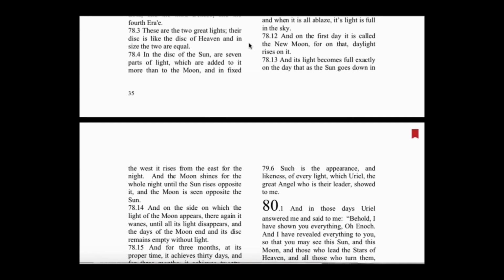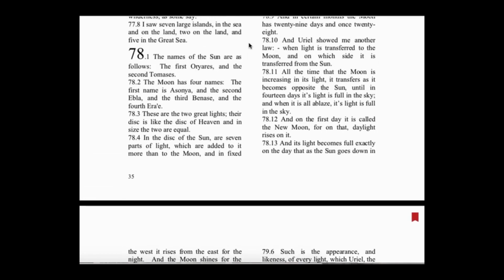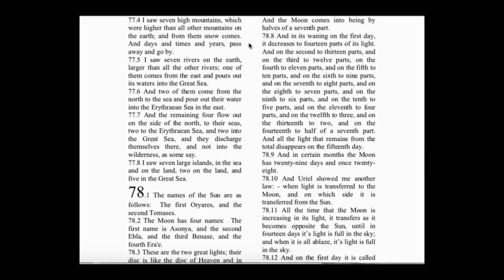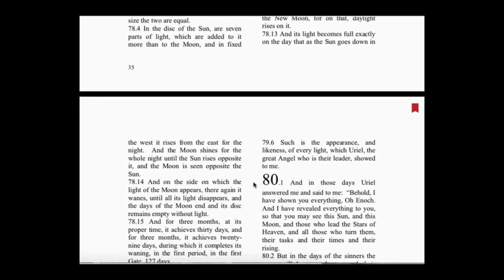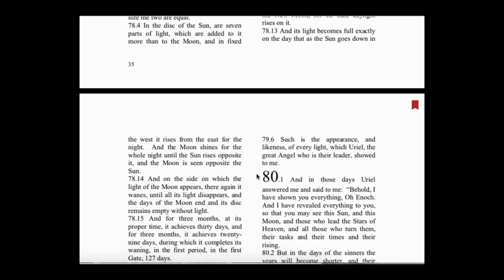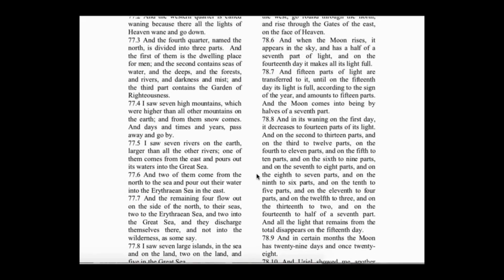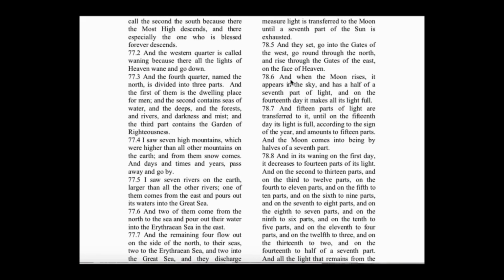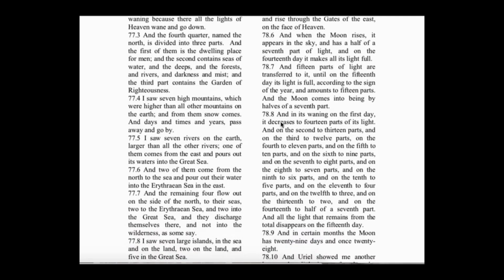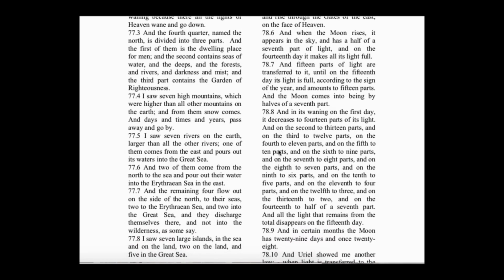Okay, so that is how it goes. It didn't need to say exactly what day again, because he already explained that through chapter 78.6 to 78.8.